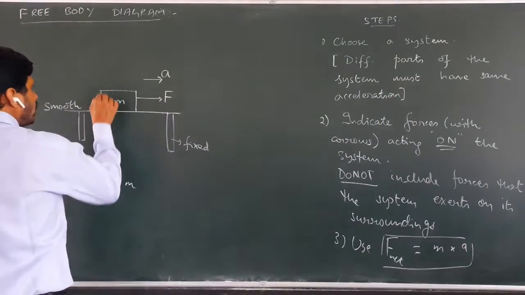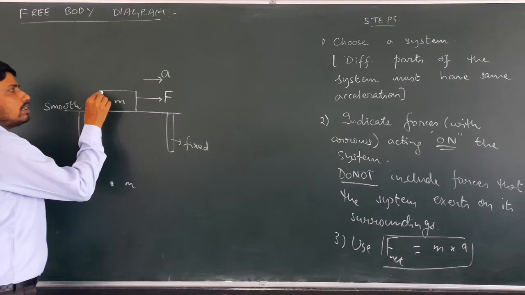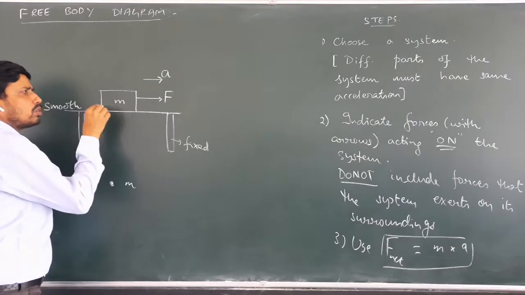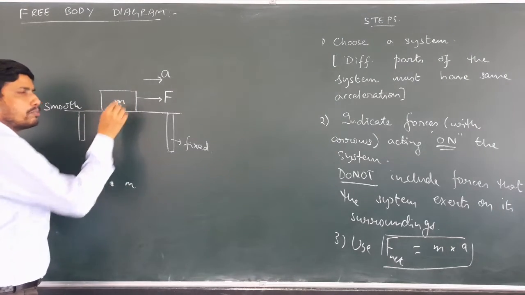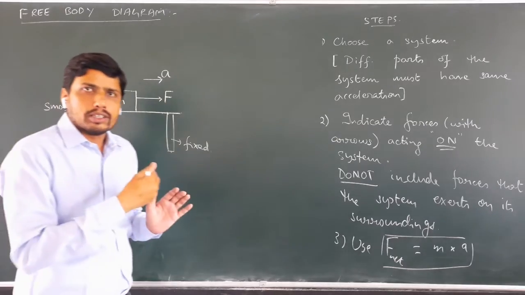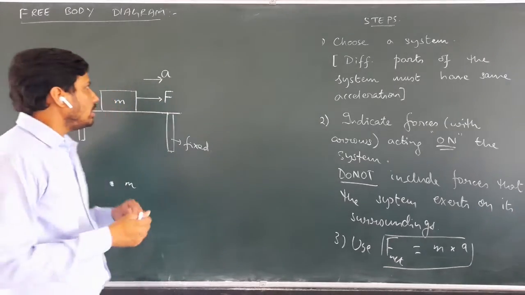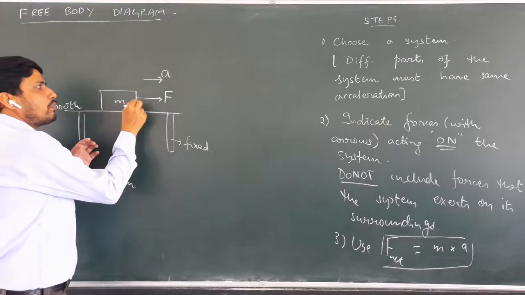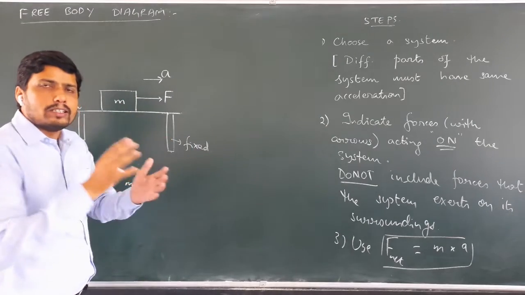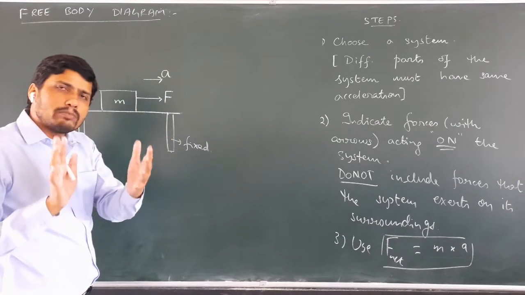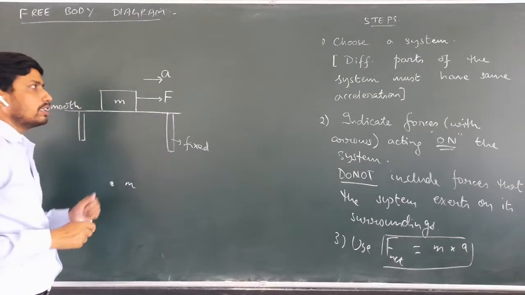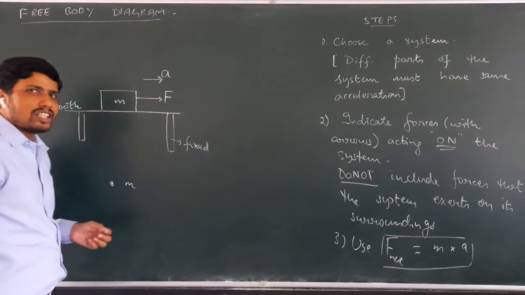Now suppose this is the block; different points of this particular block will move together. It's not that the front part will have more acceleration and the back part less. All these parts will have the same acceleration. So I can choose this block as a system.